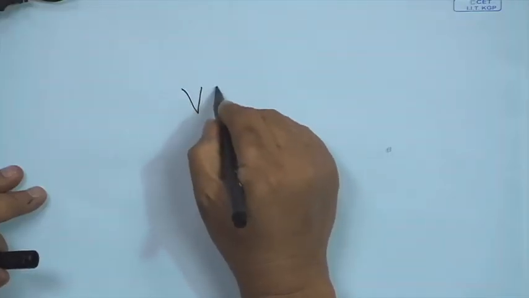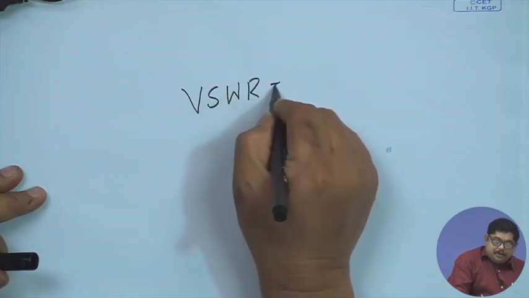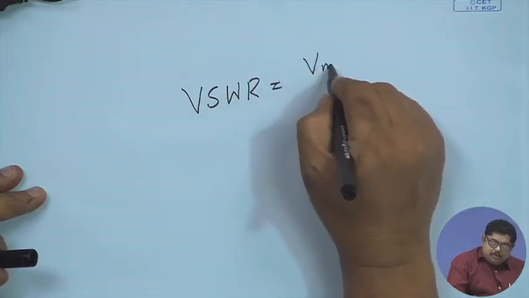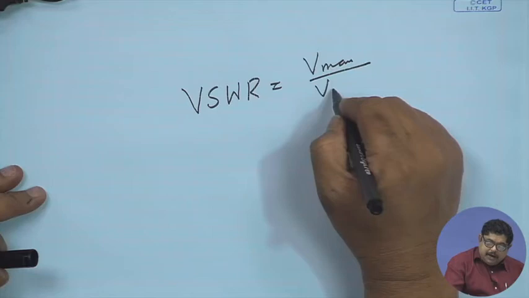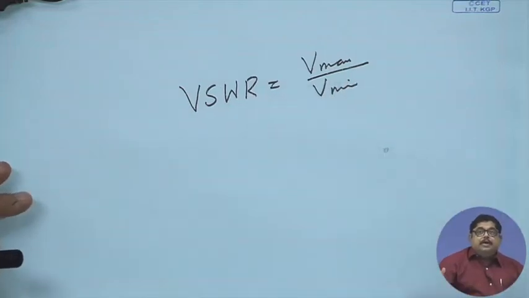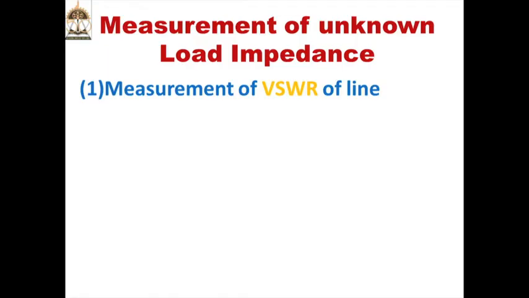But another criterion, a scalar criterion from reflection coefficient: reflection coefficient is a complex quantity, but a measurable scalar quantity from this is VSWR, which is defined as V max by V min. That means, if voltage is varying along a distribution, the maximum to minimum is called VSWR.